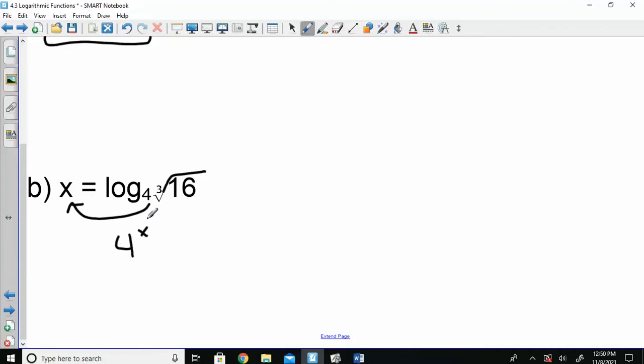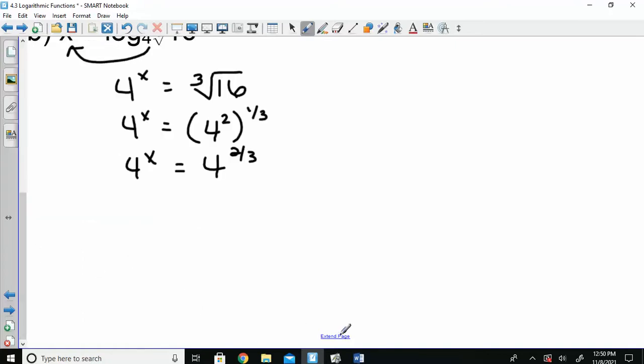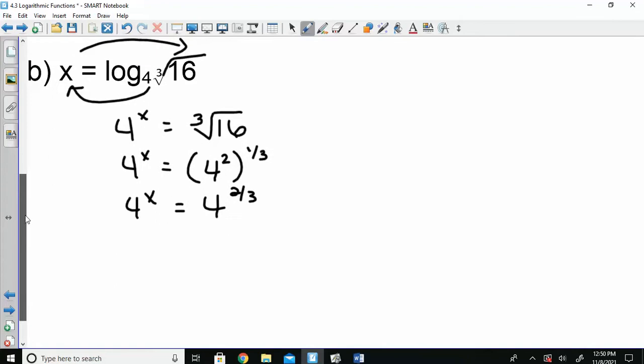So that means 4 to the x power equals the cube root of 16. Okay, so a cube root is like a 1/3 power. And 16 is 4 squared. So that means 4 to the x equals 4 to the 2/3. So x equals 2/3.